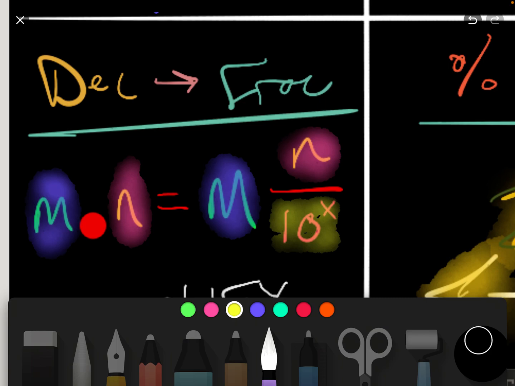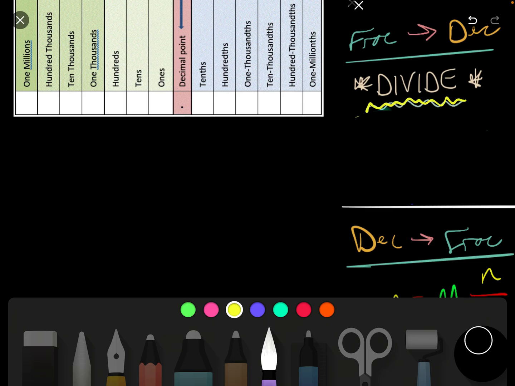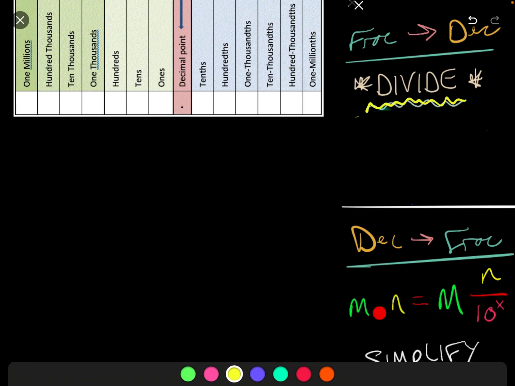An easy way to remember that is the number of place values to the right of the decimal is going to be the number of zeros in your power of 10 in your denominator. So, there are your rules.